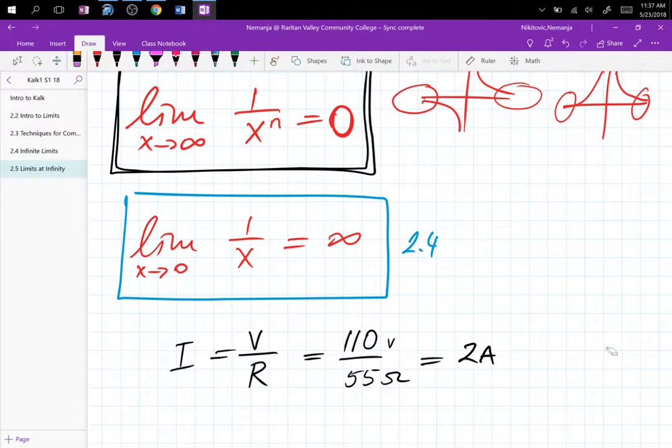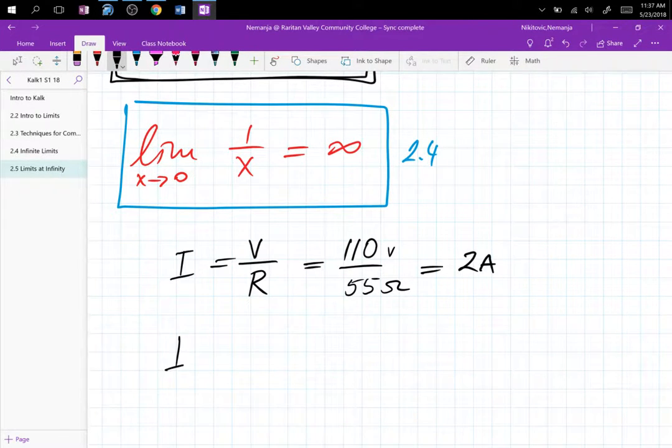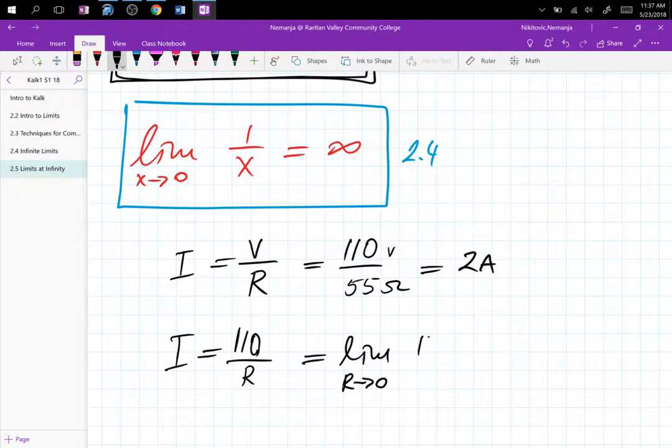So it requires that the solenoid inside, which is a transformer side, have a resistance of 55 ohms. However, if you go and short circuit your outlet, meaning your resistance, so we are getting the limit where R goes to 0, the answer is infinity, right?